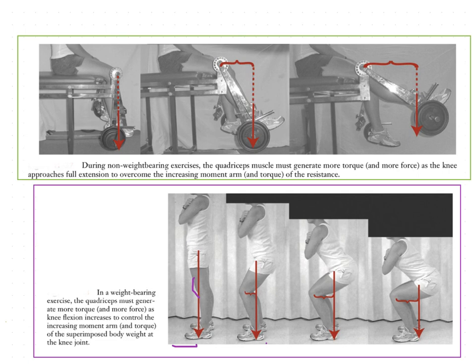You can see this red line is the line of gravity, which is falling on the anterior aspect for flexion and extension. So if it is falling anterior to the knee joint, it results in a gravitational extension torque that maintains the joint in extension.